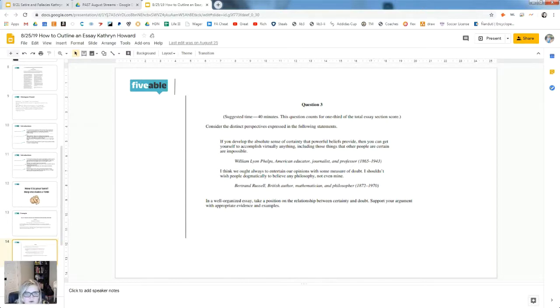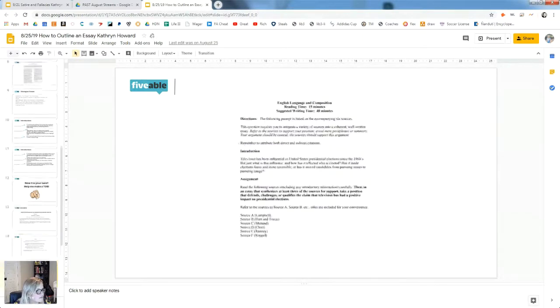And the other quote, by a different person, is: I think we ought always to hold our opinions with some measure of doubt. I shouldn't wish people to dogmatically believe my philosophy, not even mine. In a well-organized essay, take a position on the relationship between certainty and doubt and support your argument with appropriate evidence and examples.